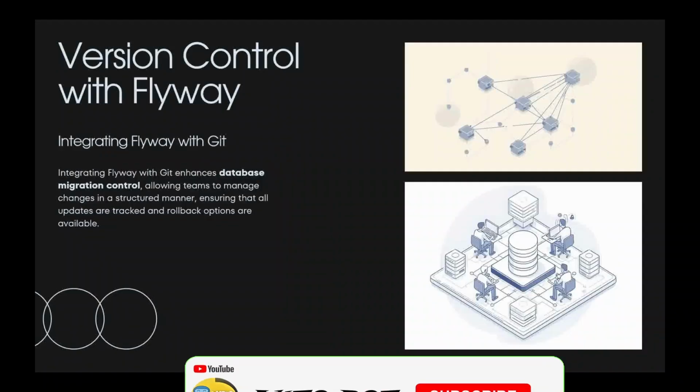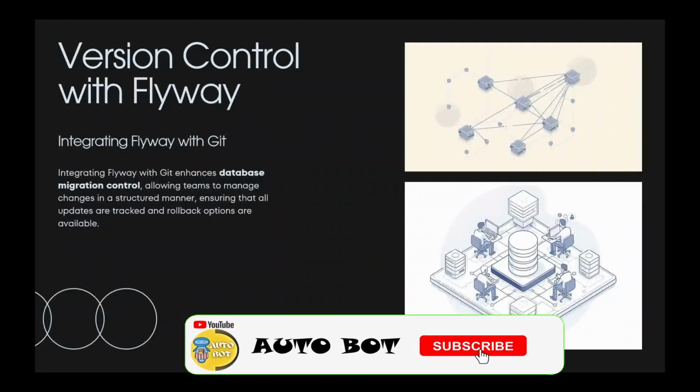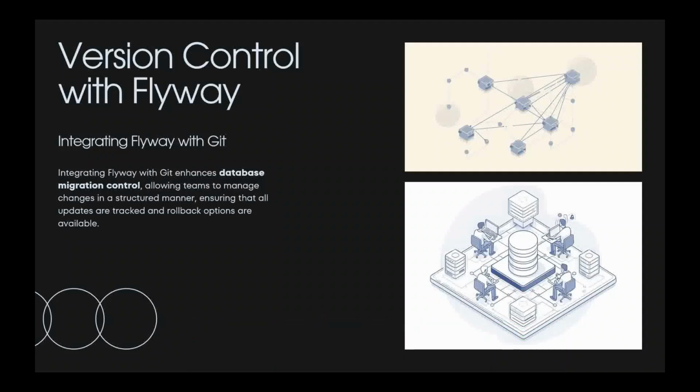Version control with Flyway. Integrating Flyway with Git enhances database migration control, allowing teams to manage changes in a structured manner, ensuring that all updates are tracked and rollback options are available. For example, multiple team members are working as part of a database team on different versions or feature requirements.